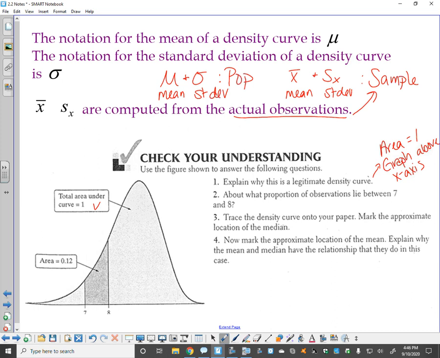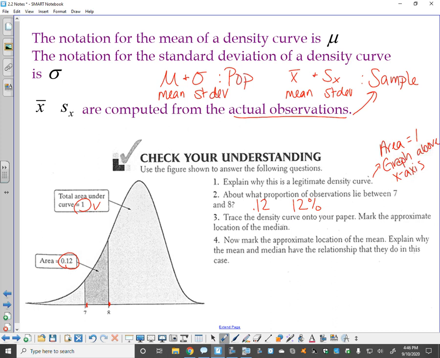You've got to have a total area of 1. Everything's got to be above sea level. About what proportion of observations lie between a 7 and an 8? The total area is a 1. It's saying that this area between 7 and 8 is a 0.12. So you can say 0.12 or you could say 12%.